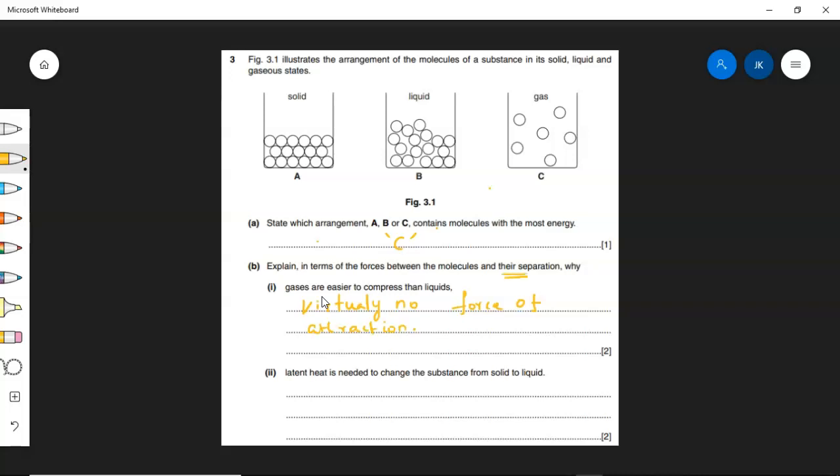And their separation, they are far apart. The molecules are far apart, so it can be compressed easily.